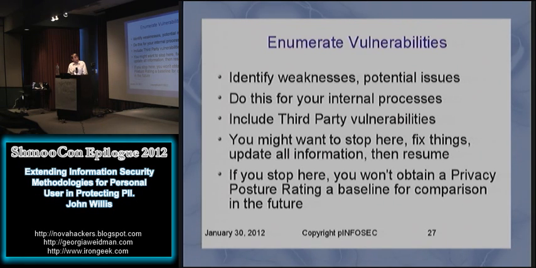You do it for your internal processes, the way your family works, the way the things around your family work, and then those true third parties out there. You might want to stop here, just like you would after a vulnerability assessment, and fix stuff and then continue, or just continue on and do the whole statistical, mathematical piece to get your posture rating so that you have a baseline to come back to next time.